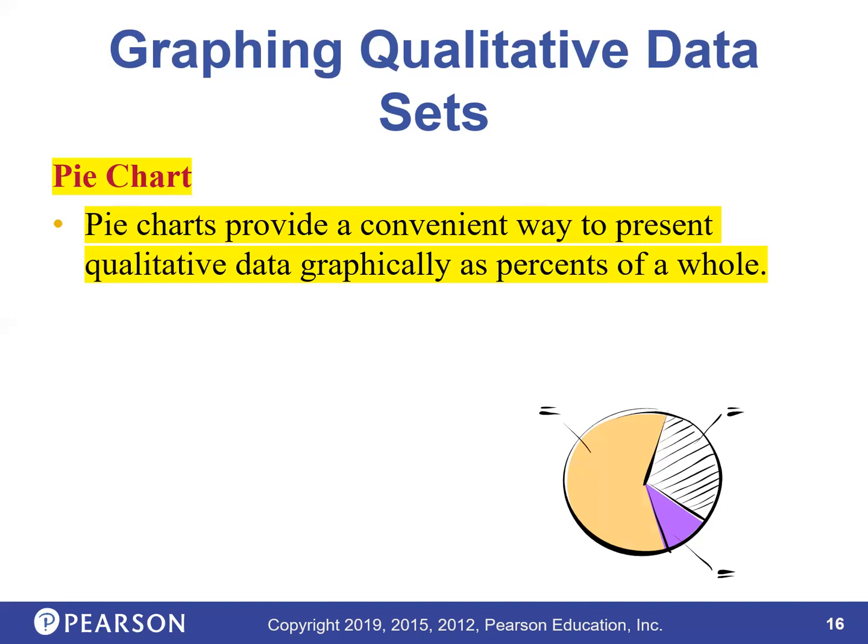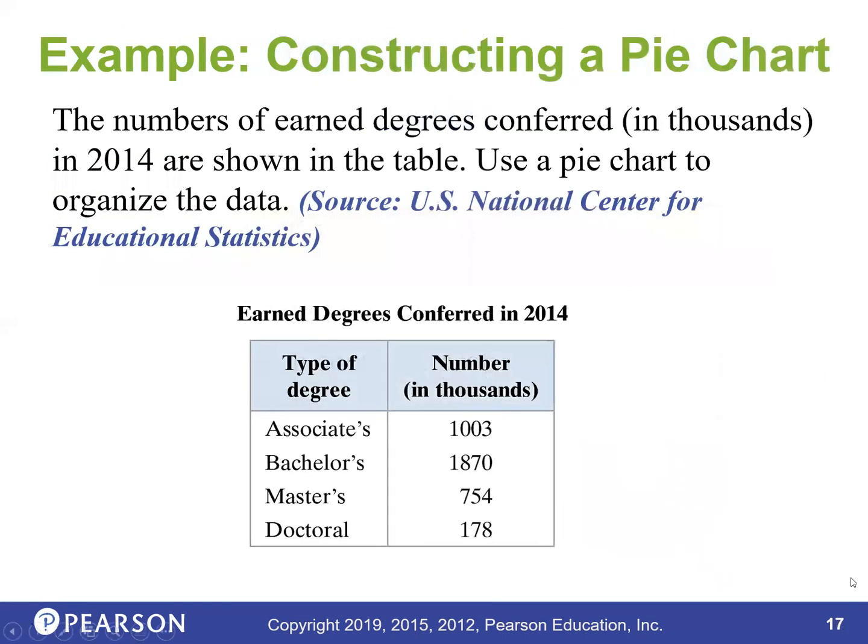Let's do one together. I think we can probably draw this out. So a little bit of work. Let's go into here. I've got some data for you. Here it is: the number of earned degrees conferred, in thousands, in 2014, from the National Center for Educational Studies.